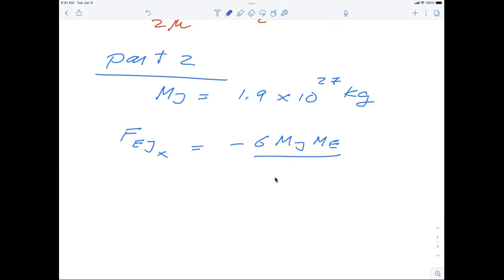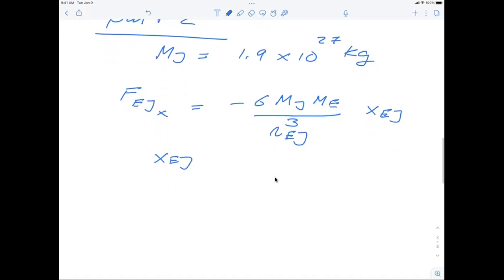Then we have the x component of the distance between Earth and Jupiter, and then the distance between Earth and Jupiter cubed. And this x_EJ is going to be given by the distance between the Earth and Jupiter.